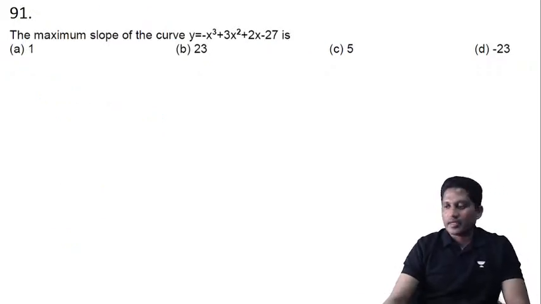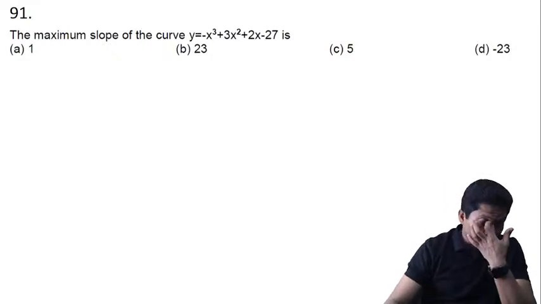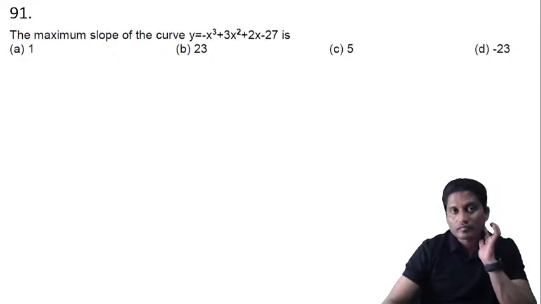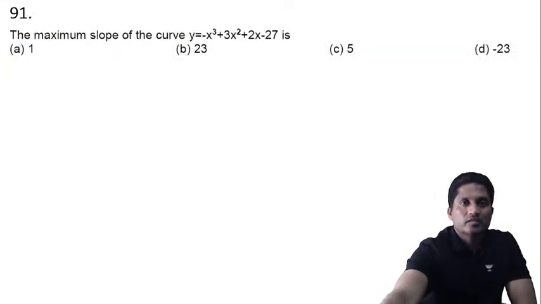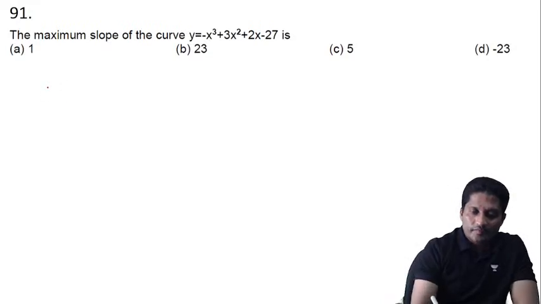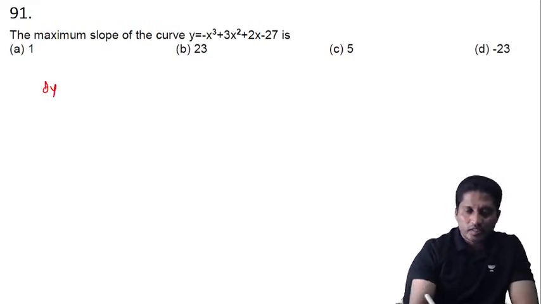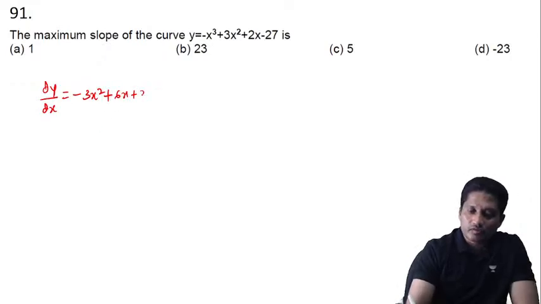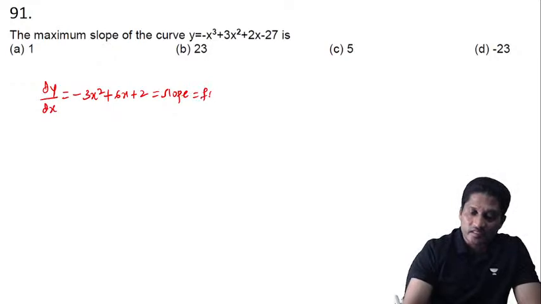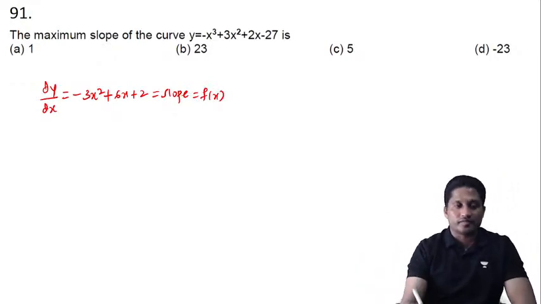Okay, question number 91. The maximum value of the slope of the curve. Okay, this is a 2022 problem. If I differentiate, dy by dx is equal to minus 3x square plus 6x plus 2. Alright, this is a slope. Now I should find the maximum value of slope, right? Again, take this as f of x. Now we'll use maximum minimum of this function.